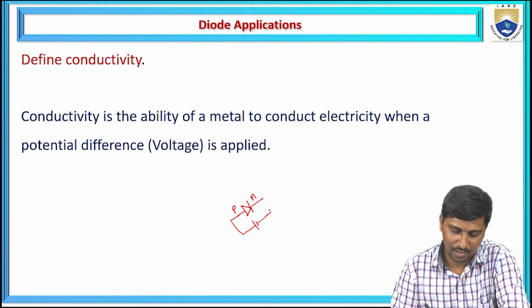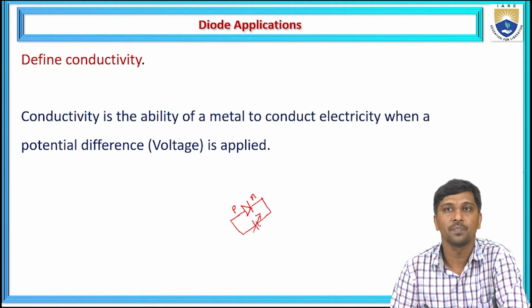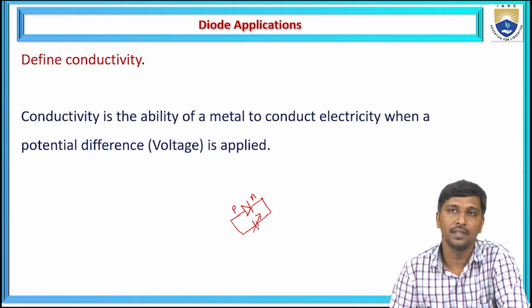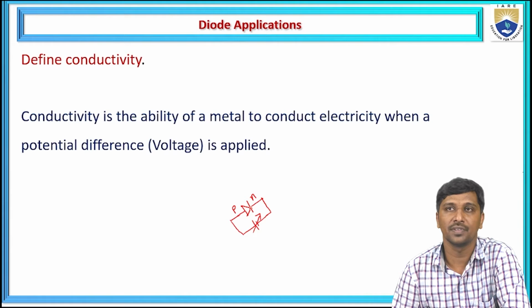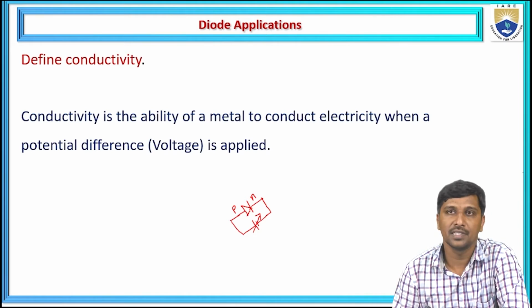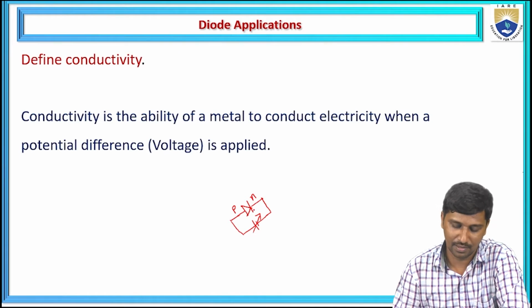Based on this amount of voltage passing through the PN junction diode, it allows the flow of conduction, or the flow of charge across this device. That should be measured in terms of conductivity.